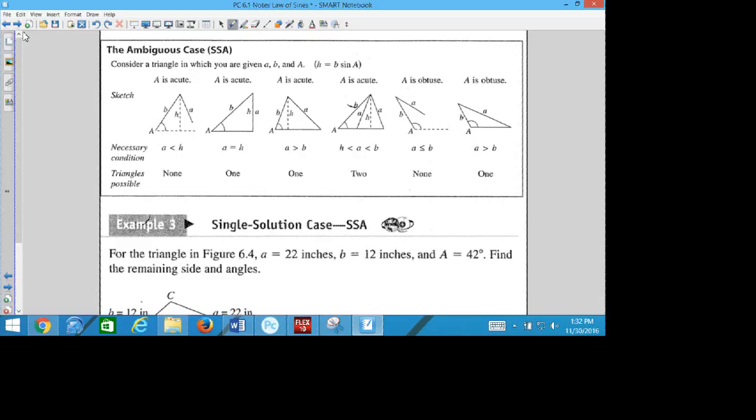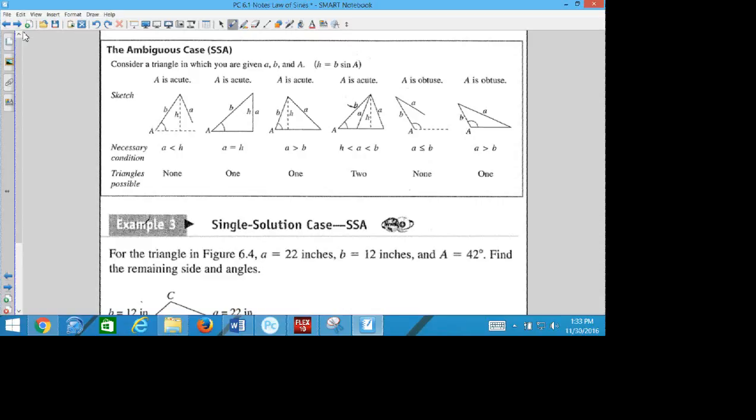Sometimes it will form no triangle and you won't do anything but write down this doesn't form a triangle. Sometimes it will form one triangle and you will do all the work like we just did. Sometimes it will form two triangles and you will have to solve for both triangles.